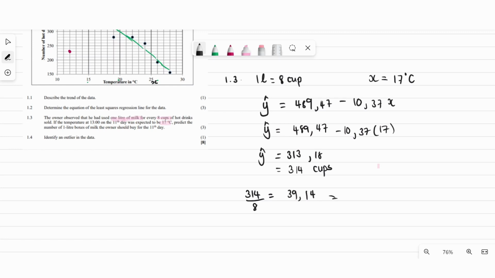Always round up because we're dealing with cups and milk, and we don't have half a liter of milk, as it comes in the box. When we round it up, it gives us 40 liters. So we need 40 boxes of milk to sell on that day. This is the amount of milk that we need, 40 liters. So then we're done with that question.